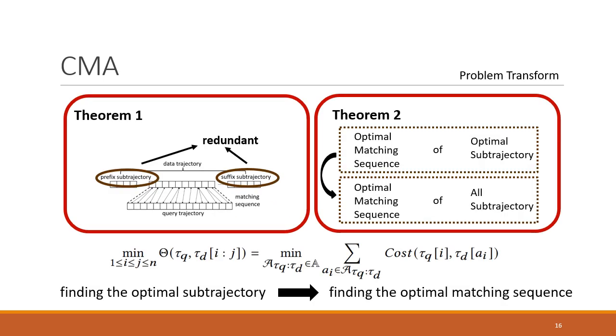The first theorem states that the optimal matching for the optimal subtrajectory of the data trajectory must not include any prefix or suffix subtrajectory, and the second theorem states that the optimal matching for the optimal subtrajectory is also the optimal matching for all subtrajectories. By proving these two theorems, we can transfer the problem of searching for the optimal subtrajectory into the problem of finding the optimal matching.